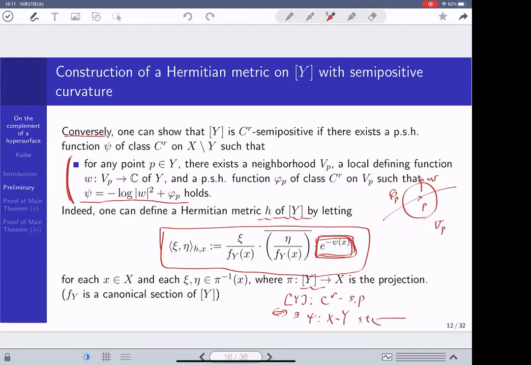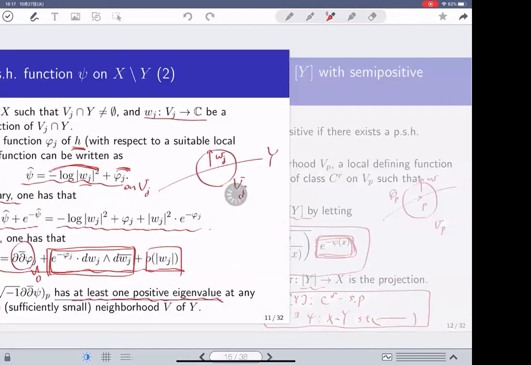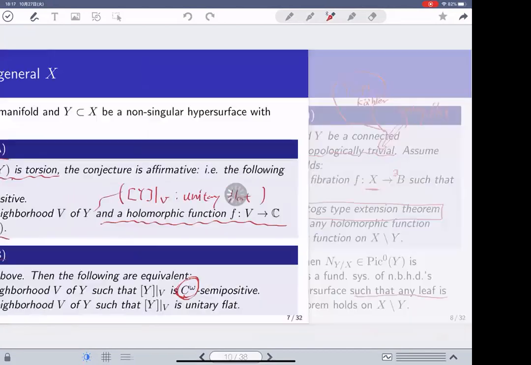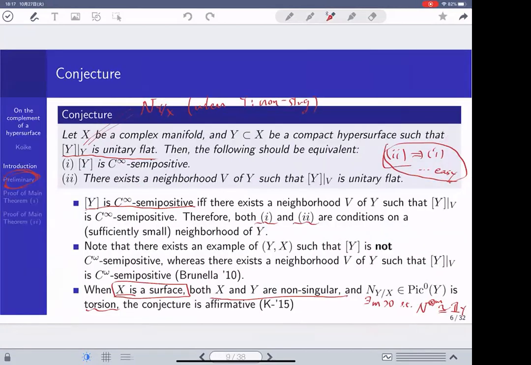I omit this here, but now I can answer the question why this direction is easy.